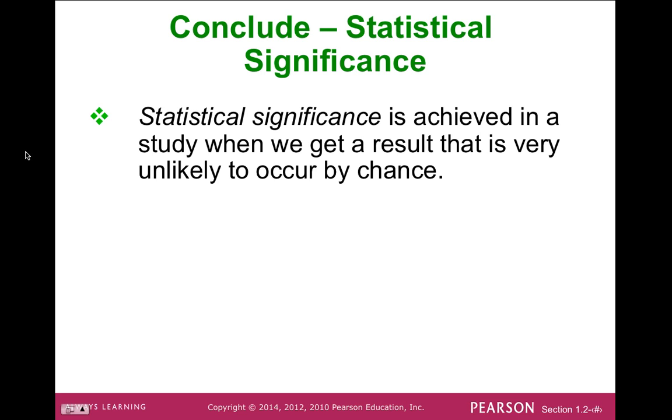And so when 99 out of 100 times, or 99% of the time, you actually achieved tails when you're conducting your experiment, we would conclude that something is going on, that it's unlikely to occur by chance, and that we have reached statistical significance.